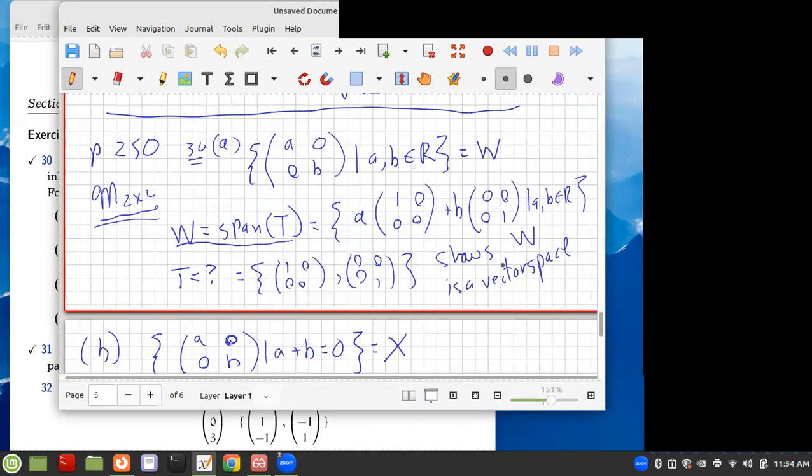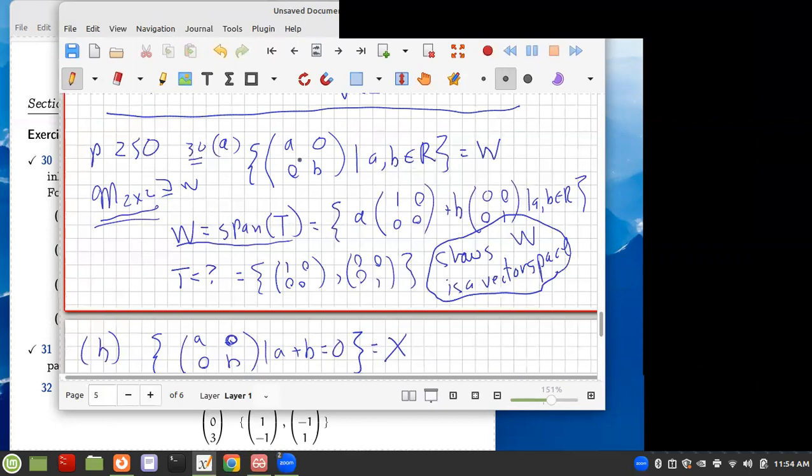So then, did we show that it's a subspace? Oh, no, we know it's a subspace because W is a subspace of M22, since all the possible things are 2 by 2 matrices.